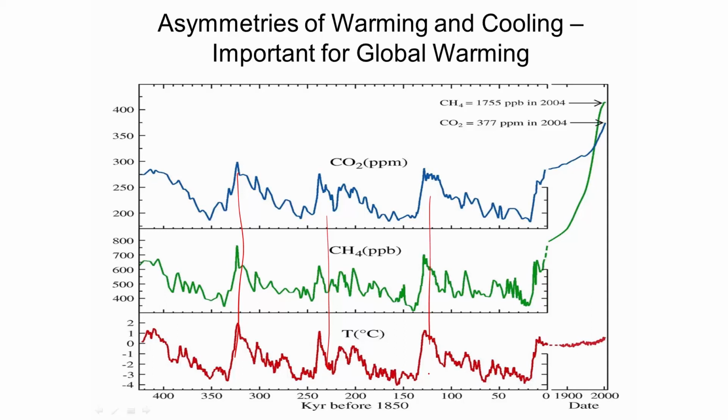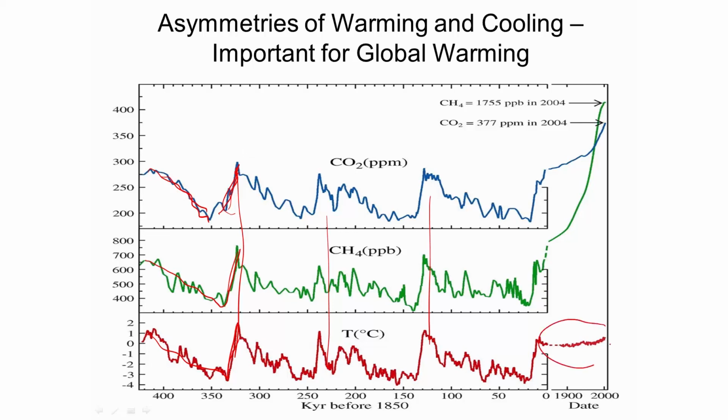There are phase lags which we will not discuss right now, but once again I will point out that there is a slow change over 100,000 years, there is a fast change: slow cooling, rapid warming, slow cooling, rapid warming, rapid increase in CO2, methane, temperature. So, this asymmetry is very important. We will come back to it, but it basically has to do with ice albedo feedback, but also what happens to snowfall and humidity when you are cooling versus when you are warming. So, we will discuss that later.